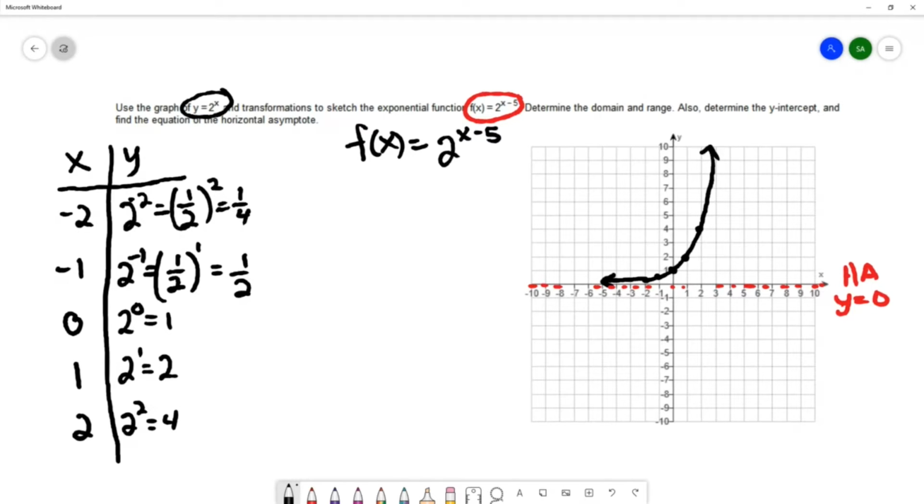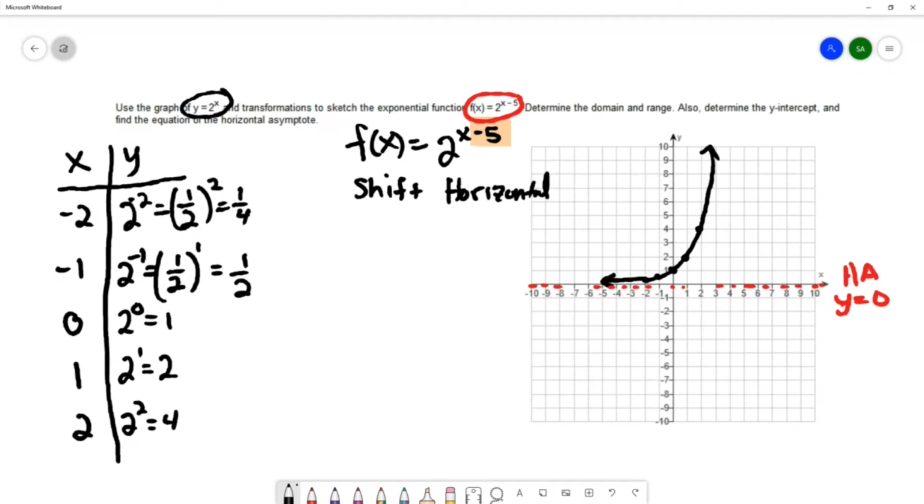So what I notice is that I have one transformation, which is this -5. Because we are subtracting, this is going to be a shift. And that subtraction is in the exponent, and that makes it inside of the base function. And when adding and subtracting is inside, that makes it a horizontal shift.